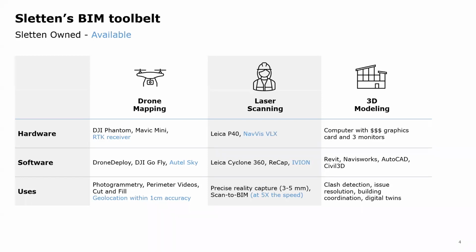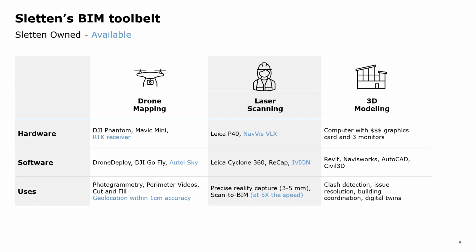And the DJI Go Fly app, and that's going to be our remote controller for manual flights as well as requesting airspace when we're flying near an airport or hospital or correctional facility. The main uses for these are photogrammetry and perimeter videos. On Drone Deploy, you can actually take area measurements and volume measurements and use it to estimate your cut and fill on your site. And then the Mavic Mini will be more useful in interior flights that we'll go over in a little bit.